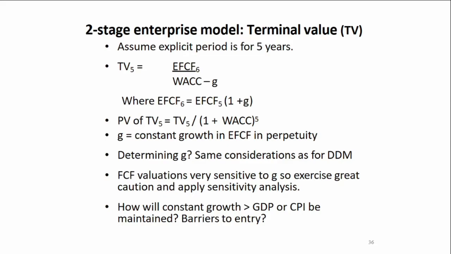So we are going to present value the terminal value, and we are going to do this by dividing the terminal value, which we got using the previous formula, divided by 1 plus WACC to the power of 5, because we are present valuing it back 5 years. G represents the constant growth rate in the enterprise free cash flows into perpetuity.